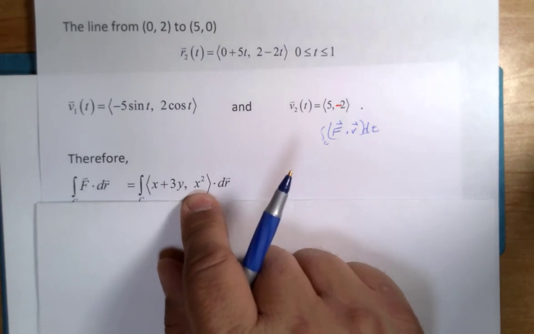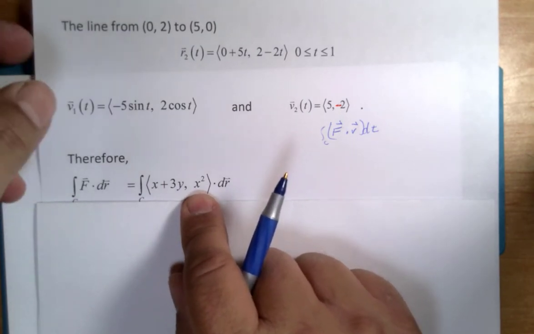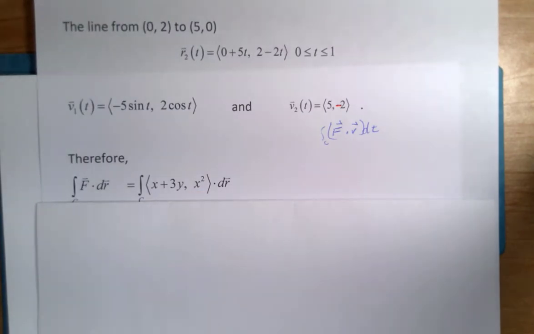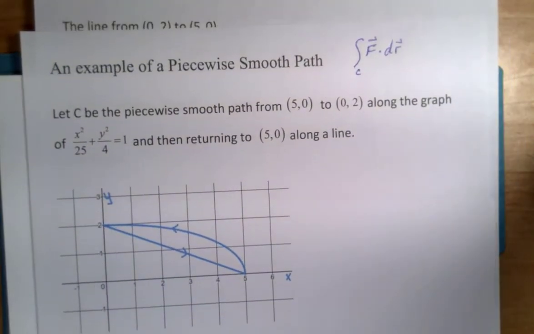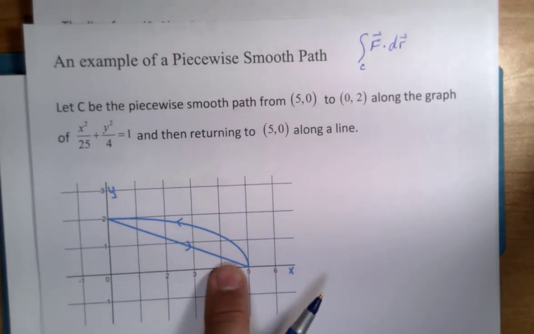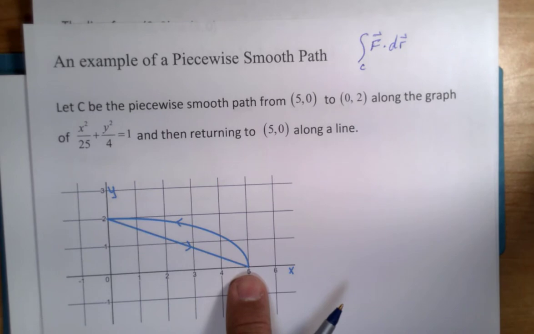We only care about this vector field at points that are along the piecewise smooth path. We only care about the velocity vector along the path itself.